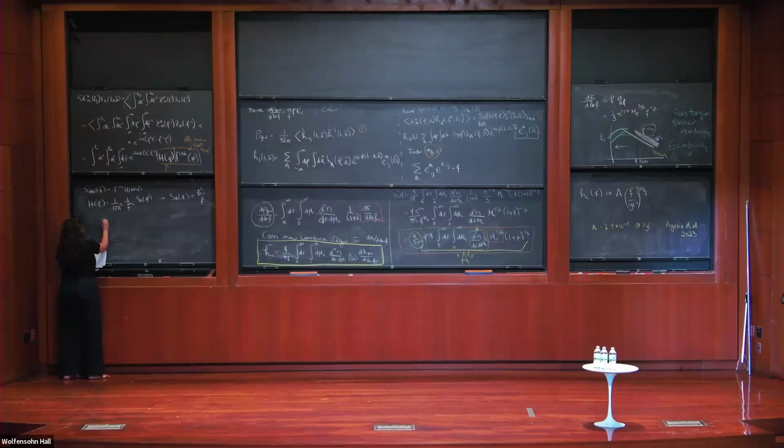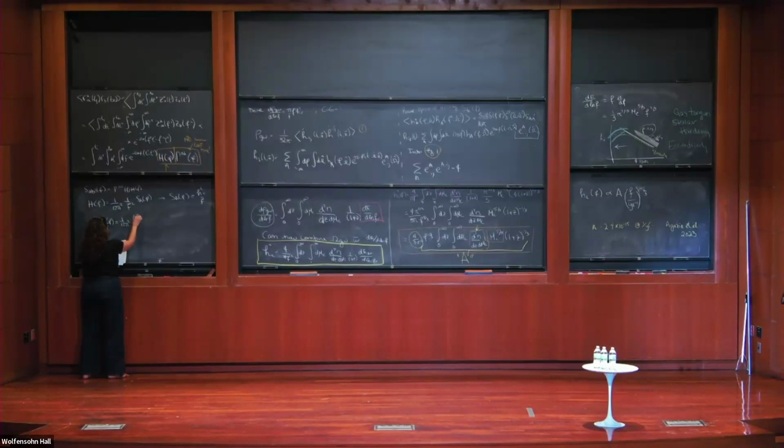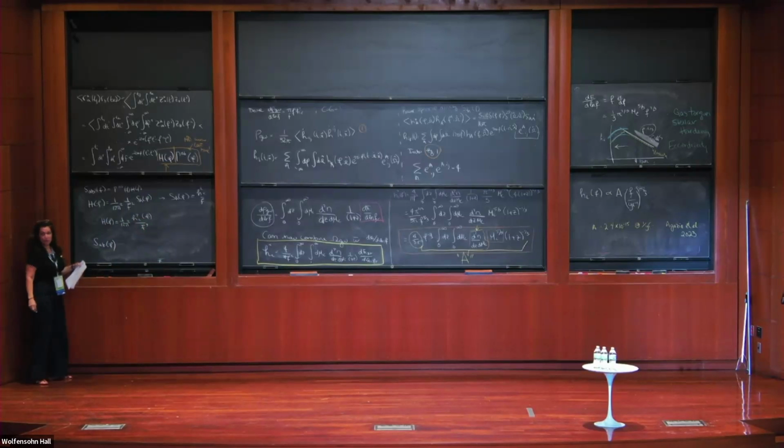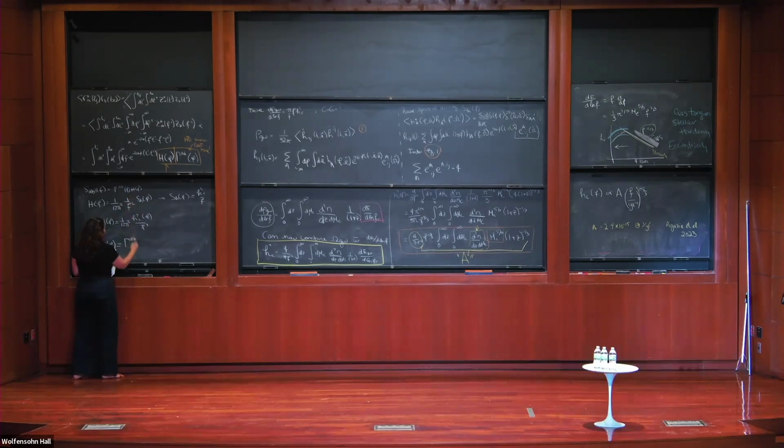That means that h of f is ultimately 1 over 12 pi squared hc squared of f over f cubed, and that this measurement that we make when we cross-correlate all of the timing residuals, this SAB of f, is equal to gamma AB, this Hellings and Downs curve, times h of f, times 1 over 12 pi squared hc squared over f cubed.